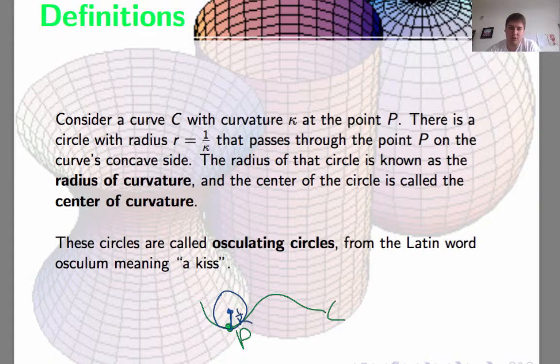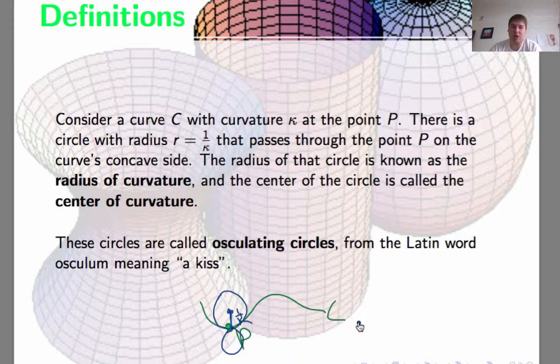It would never go on the other side here. We would never put the circle over here. That would be bad. It always goes on the concave side. So the radius of the circle we call, shockingly, the radius of curvature, and the center of the circle is called the center of curvature. And obviously, as you change what point you're at, if you're moving along this curve, both the radius and the center are going to be switching around.